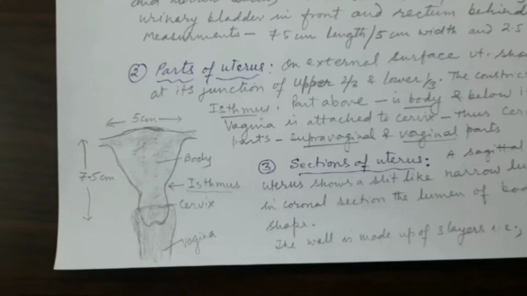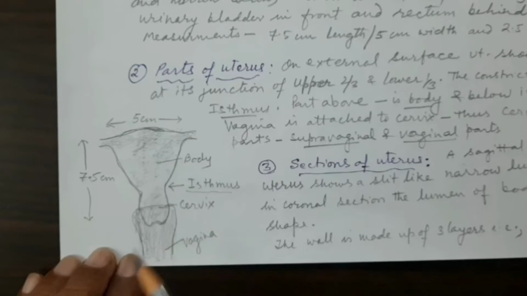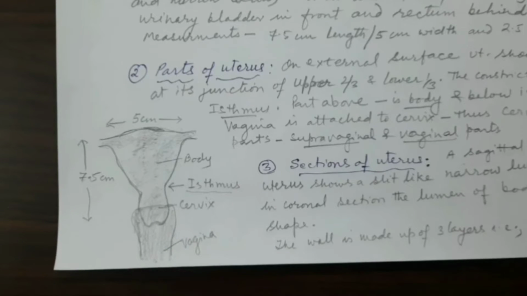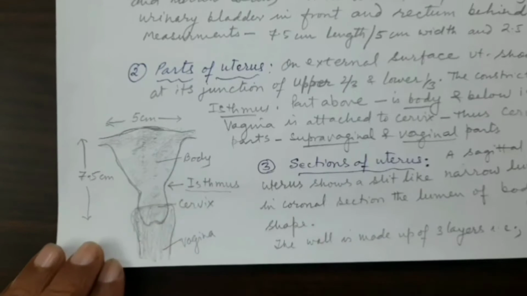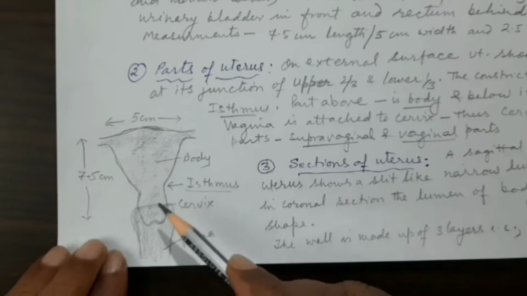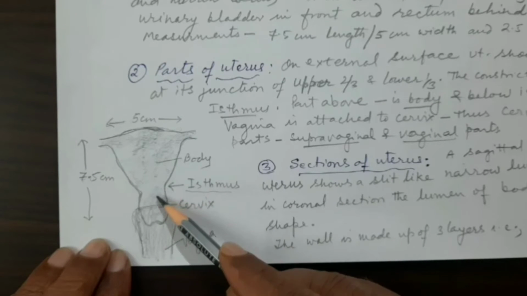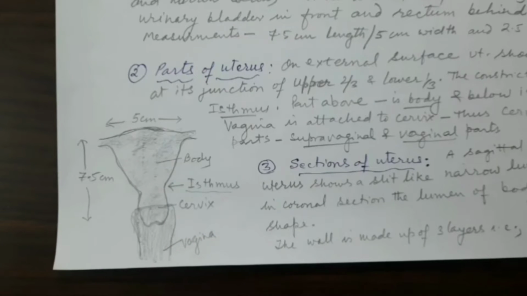That part which is within the vagina is called the portio vaginalis, the part of the cervix which lies within the vagina. And then a part of the cervix is above the attachment of the vagina. This is the supravaginal part. So there is a supravaginal part and a vaginal part of the cervix.